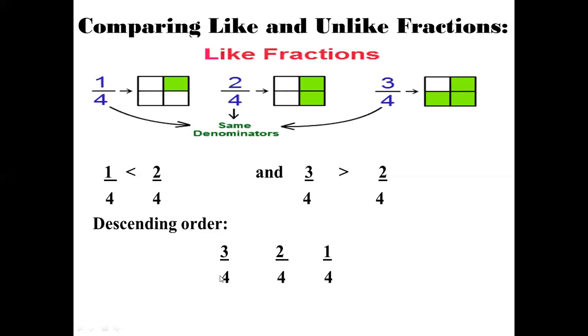So it will come first, second 2 upon 4, and the smallest fraction is 1 upon 4, because in 1 upon 4, you are getting the smallest share, that means only 1 piece out of 4. If you notice these 3 pictures in a row, they are already in ascending order, means from smaller to bigger. So let's move to the next slide.